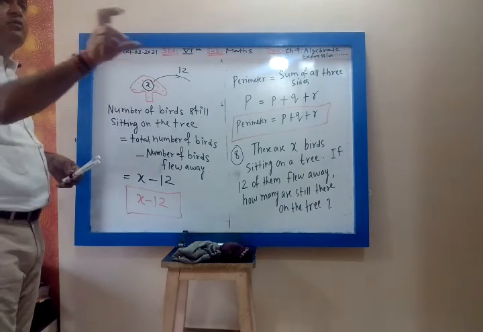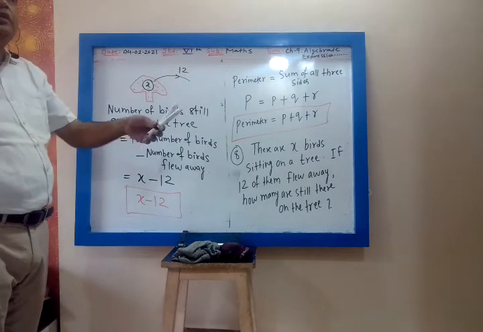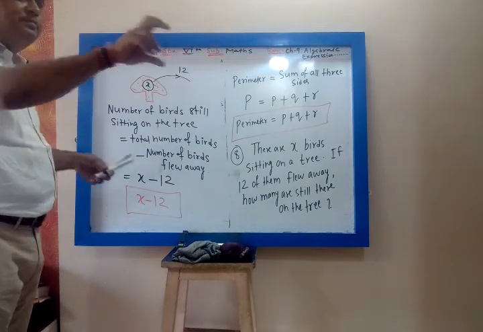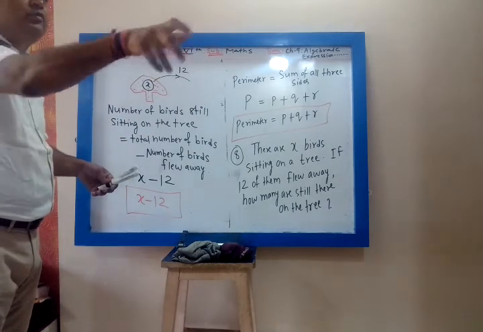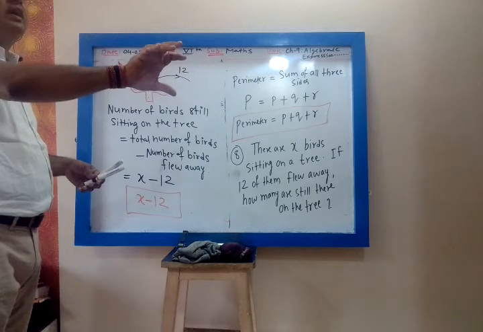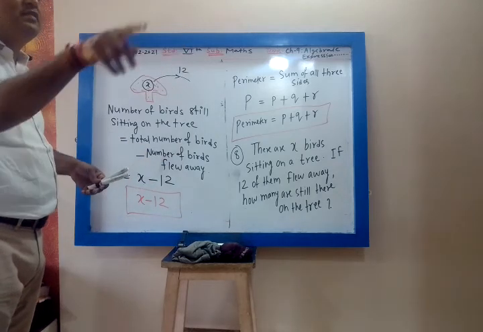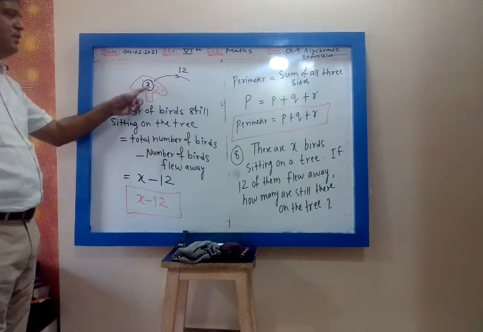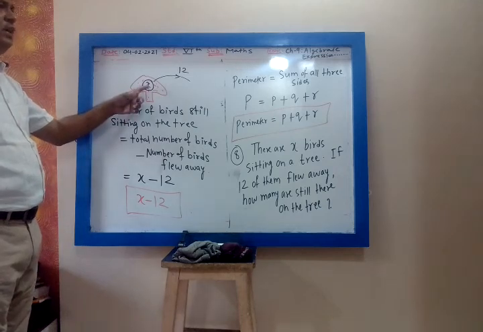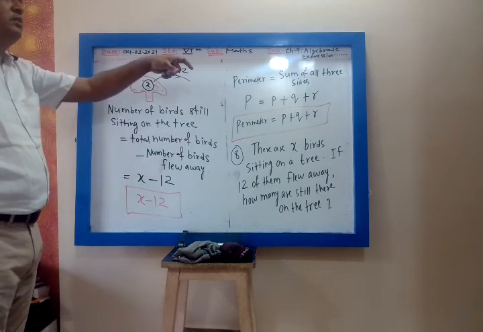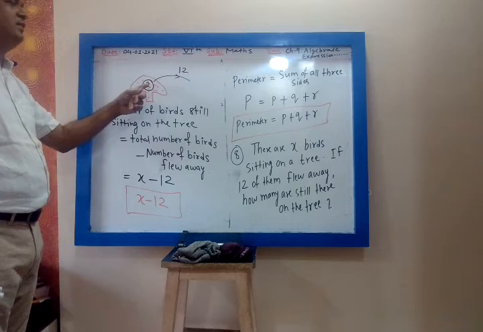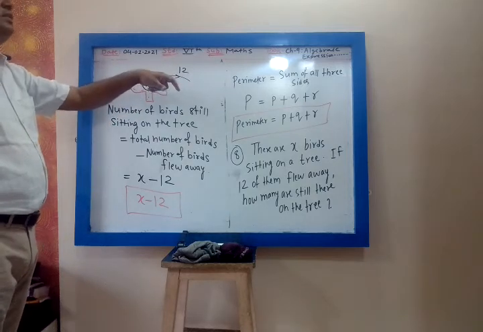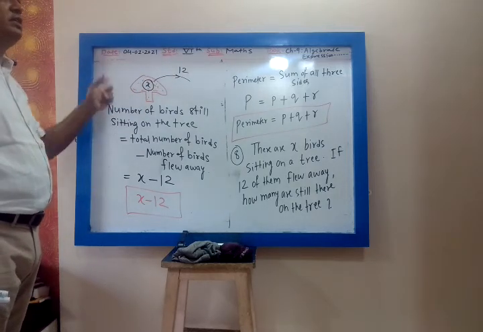Spent 2 rupees means you have removed 2 rupees from 5 rupees, and the remaining 3 rupees is balance in your pocket. The same question: from the total number of birds you have to subtract 12.